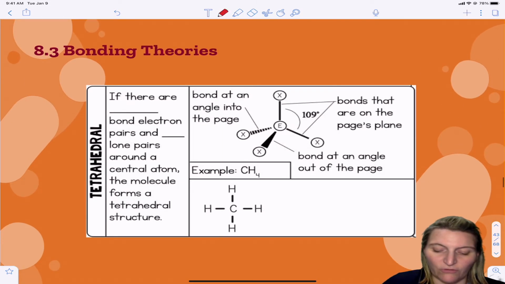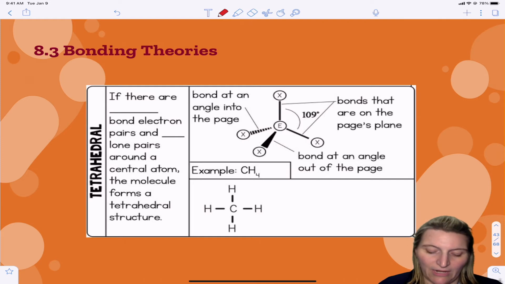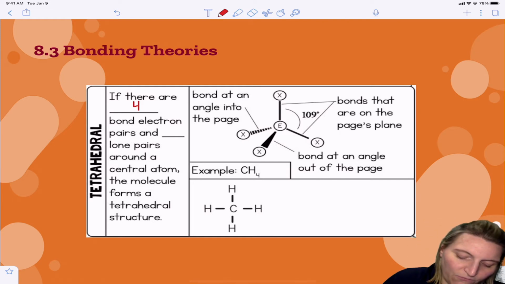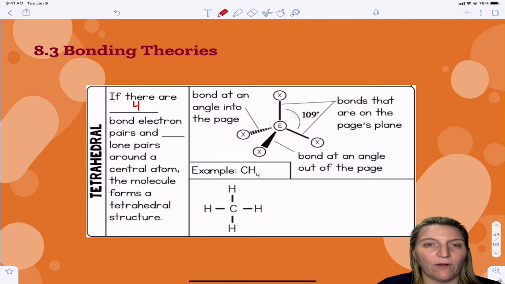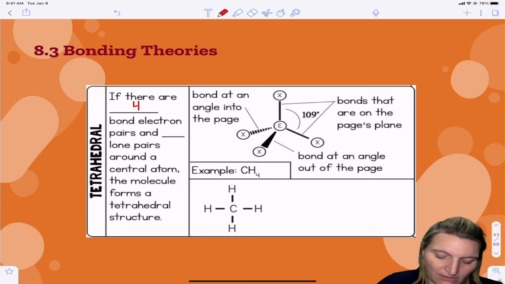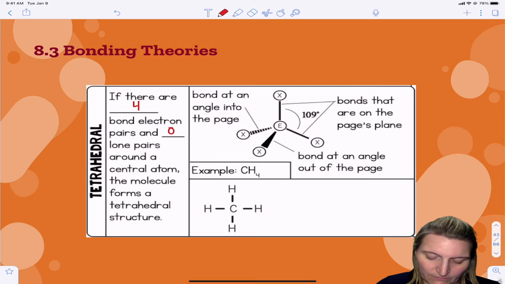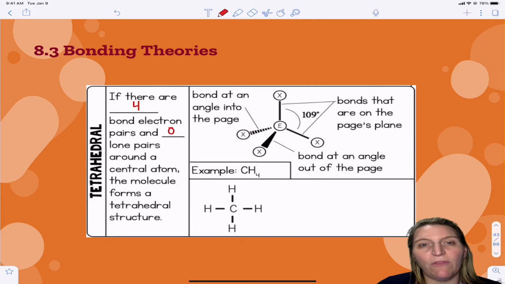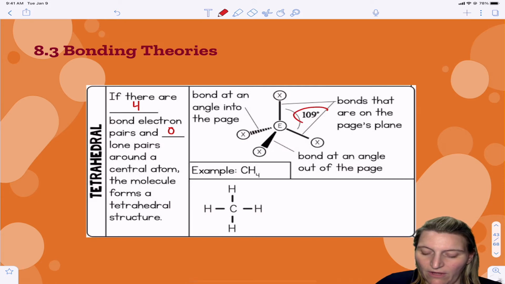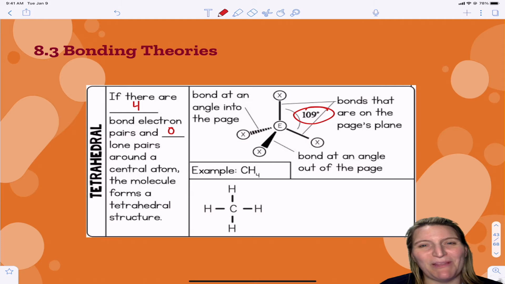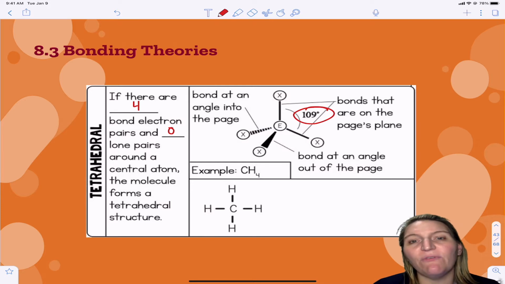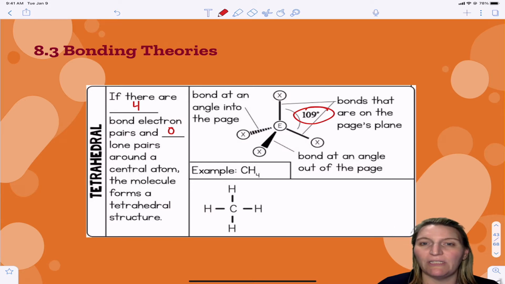And then here's tetrahedral. We've seen this a few times. Tetrahedral is where there are 4 bonds or 4 electron domains, but none of them are lone pairs. And we call that structure tetrahedral. The bond angle is 109.5 degrees. And when we draw it on a piece of paper, it's difficult to draw because this is in 3 dimensions.